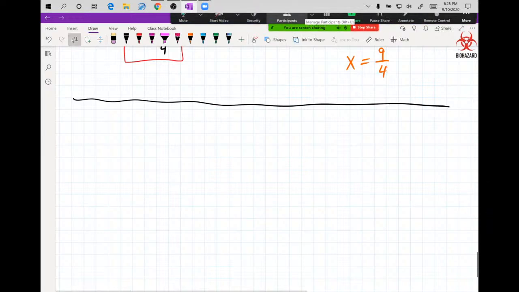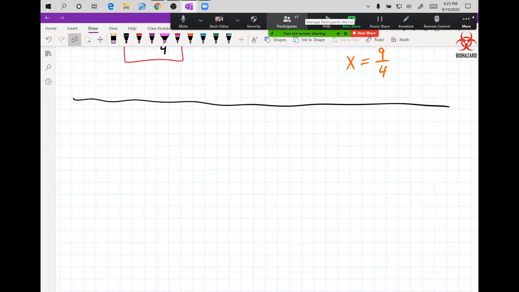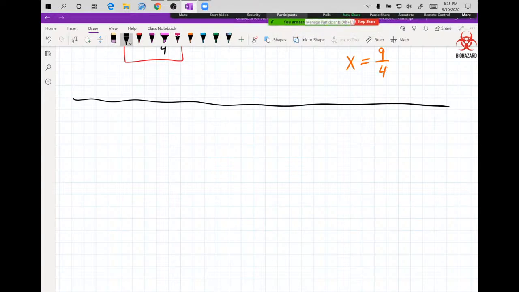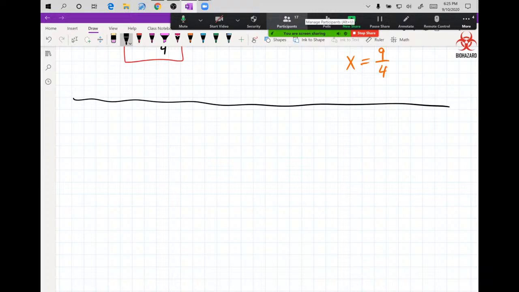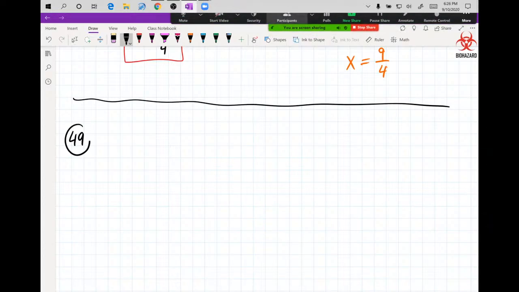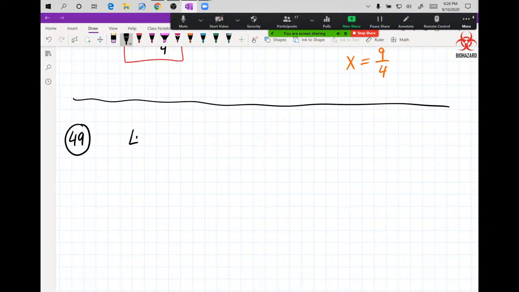I am going to move on to another problem just like this one. All right. So same stuff. Different problem, obviously, but the same type. Let's have 4y minus 2 open parenthesis y plus 1 close parenthesis equals 0.